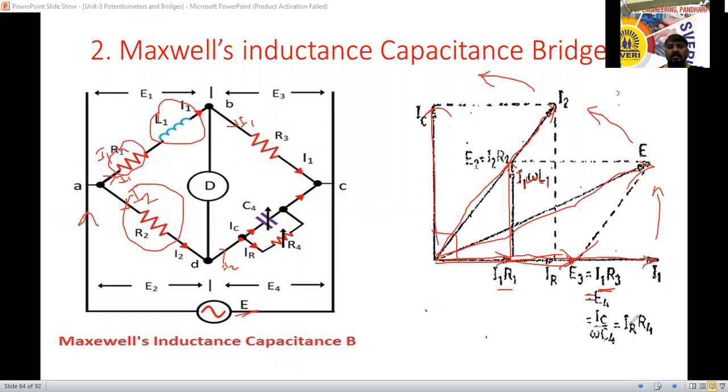From this circuit diagram, the current flowing through this capacitor C4, called IC, leads I2, the total voltage E and I1. Next, this I2 leads the voltage and I1, but lags the IC.